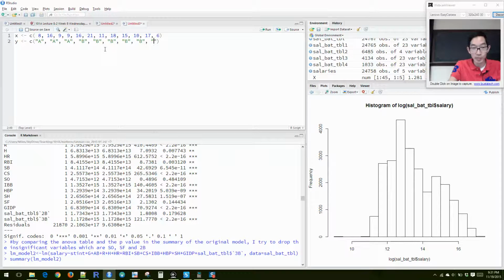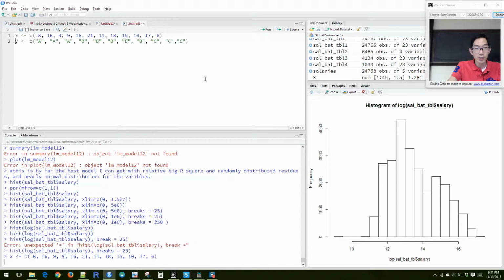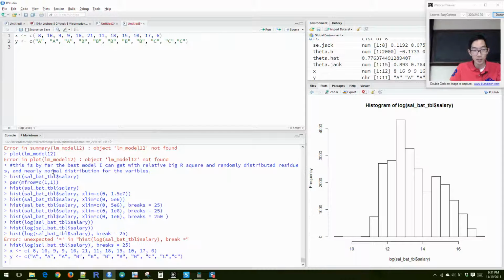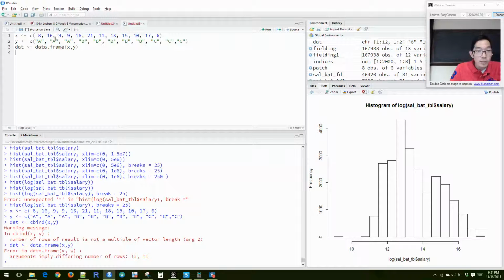So basically I'm assigning each of these, taking our measurements X and my measurements Y, and I'm going to put them together, and this will be our data. Oh, I'm sorry, not cbind. I have to call this data.frame. Did I do something wrong? A, A, A, 1, 2, 3, 4, 5. Oh, there's one more C that I left off.